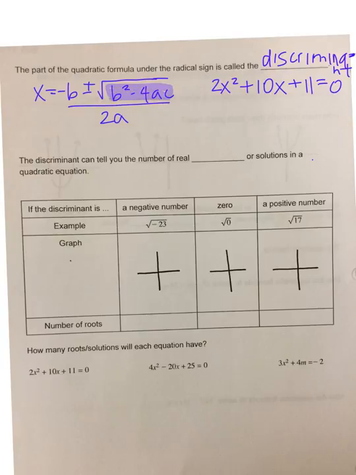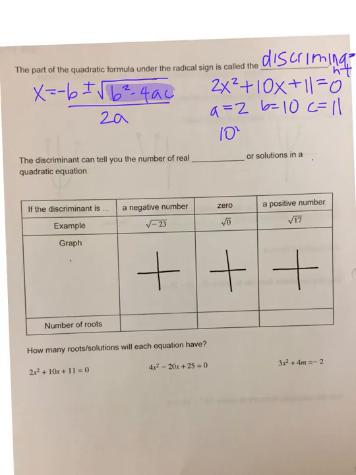B squared minus 4AC. So, if I have this problem, 2x squared plus 10x plus 11, my A is 2, my B is 10, and my C is 11. So, for my discriminant, all I want to know is b squared, 10 squared.